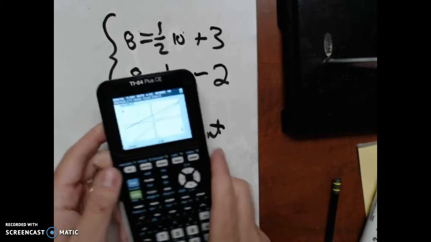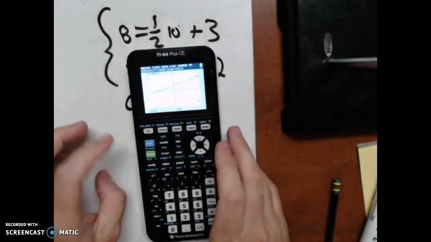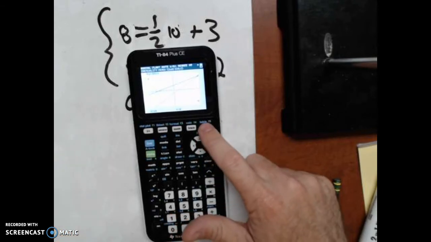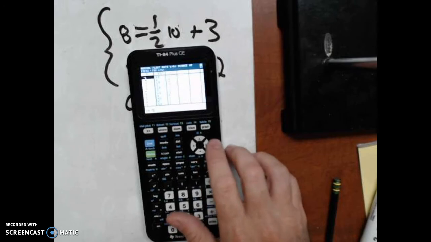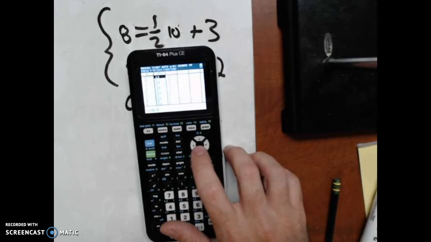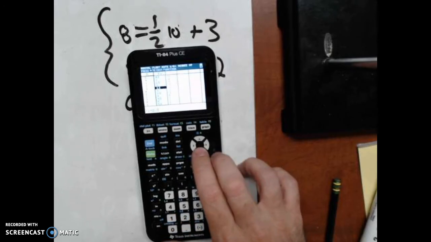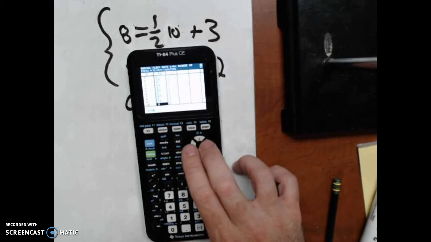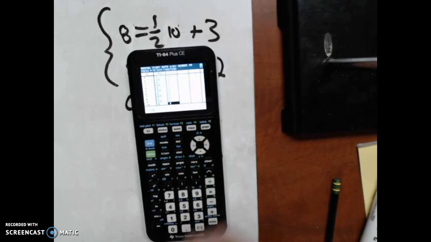Another way you can check, but only if your answers are whole numbers, is to make a table. That would be using the second button and the graph button. You scroll on down until you find the pair of y answers that are the same with the same x. And 6 and 4, 6.5 and 5, 7, 7.5. There we go. They're both 8 when x is 10. So there is our answer.